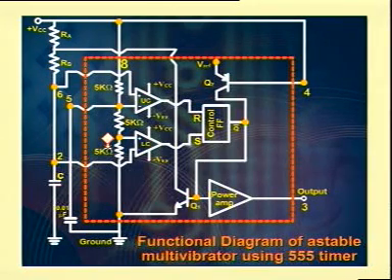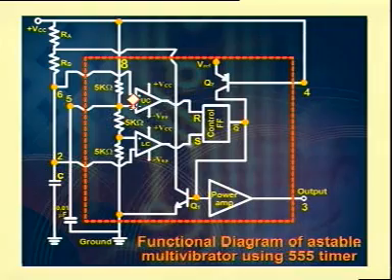Then it will be in the on condition, that is the pulse duration condition. Now it depends on the upper comparator reference voltage. Now it is 12 volts. Now until the charging voltage across the capacitor reaches 12 volts, it will be in on condition. When it reaches 12 volts, it becomes low.